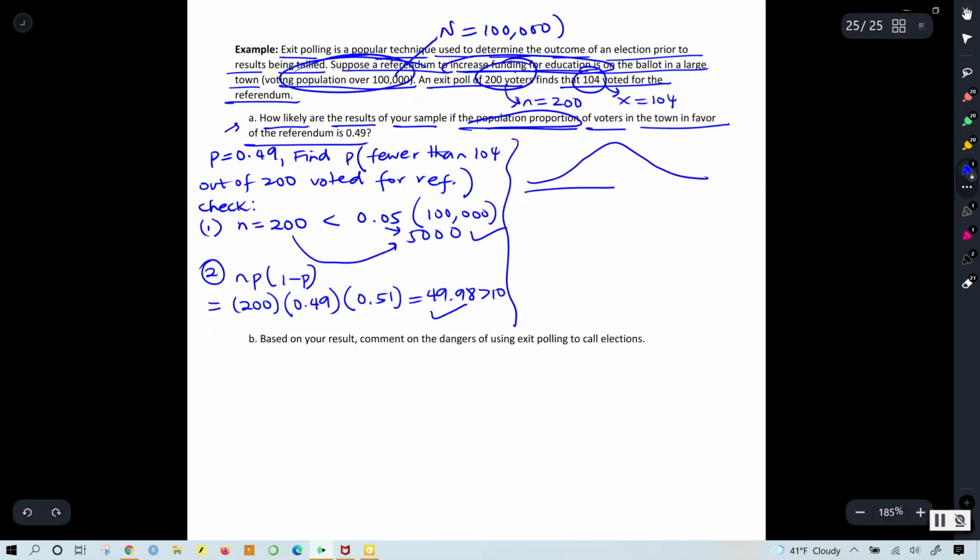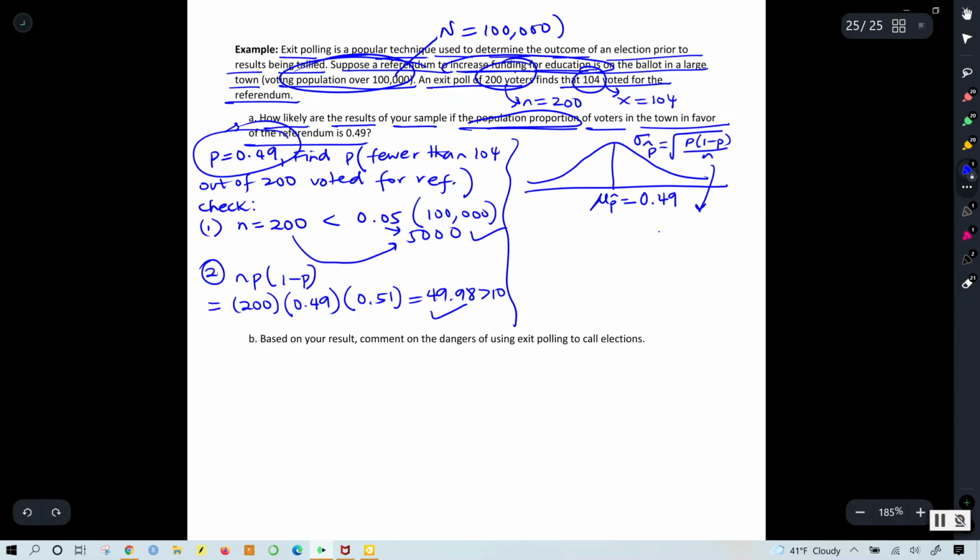If we're using the normal distribution, we need the mean of p-hat, which will be exactly equal to p, 0.49. We also need the standard error, which will be the square root of p times 1 minus p all over n.